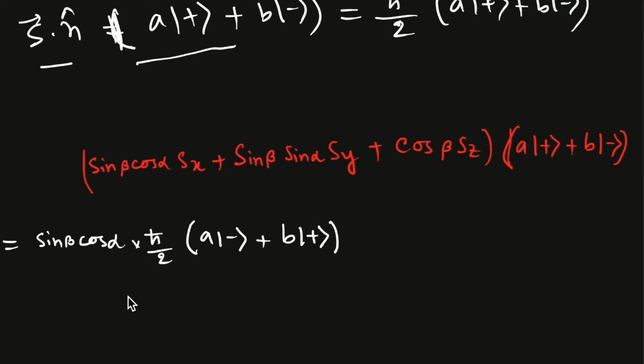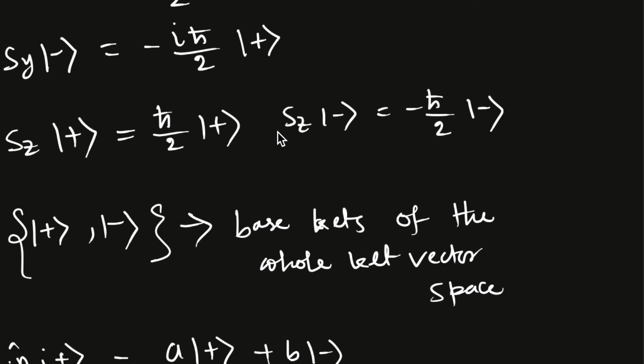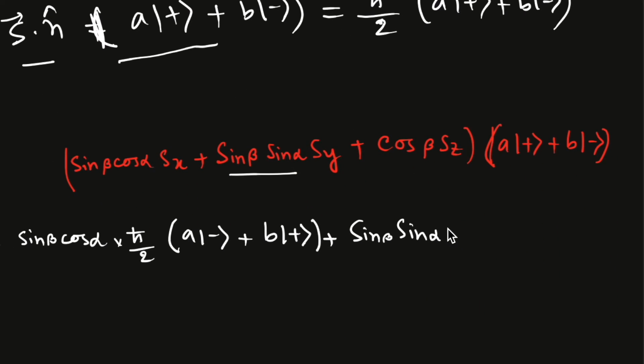Now operate sin beta sin alpha Sy on plus, it will give i h cut by 2 minus, and on minus it will give minus i h cut by 2 plus.